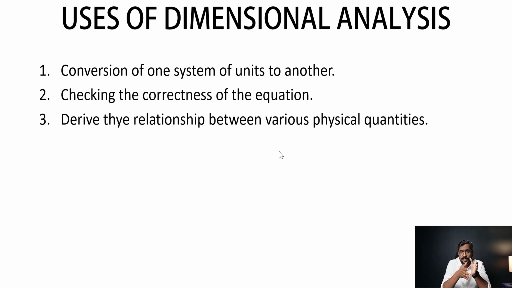In the MKS system, mass has the SI unit of kilogram, length has meters, and time has seconds, whereas in the CGS system, mass has gram, length has centimeter, and time has seconds. That means for various scenarios we are using different types of units.